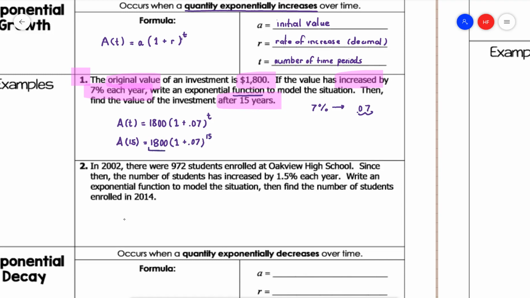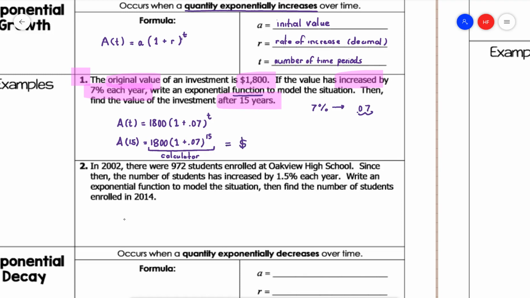Now, whenever you're solving for a value and you have this long function that you need to use, don't try to be a hero and go, okay, well, 1 plus 0.07 is 1.07 to the 15th power. Just put the entire thing in the calculator, exactly as you see it. Put 1,800 parentheses, 1 plus 0.07 parentheses, power of 15.